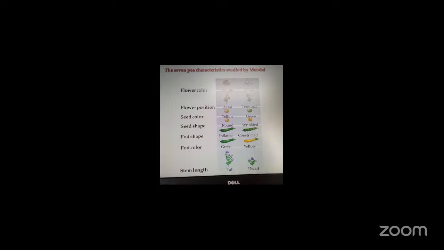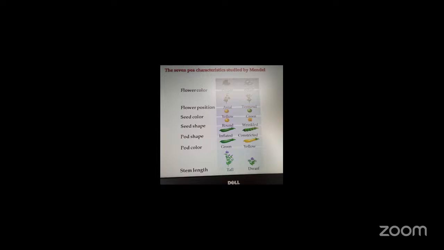So here is the result of Mendel's process: flower color purple and white, seed color yellow and green, seed shape round and wrinkled, pod color green and yellow.